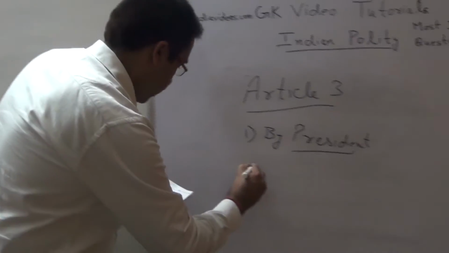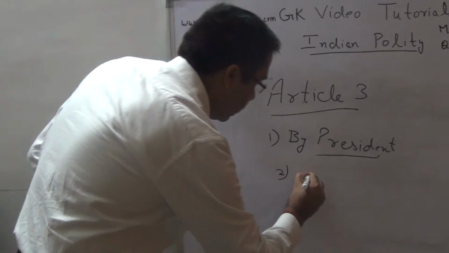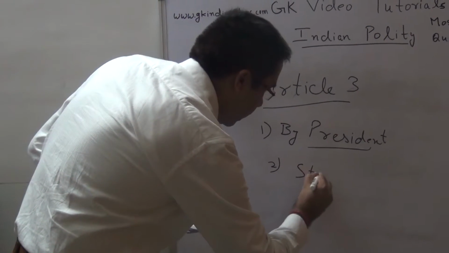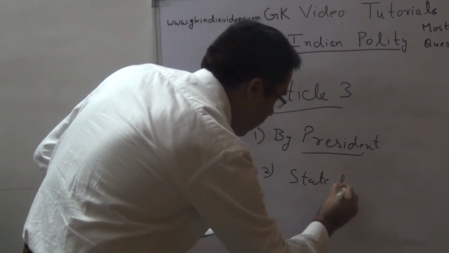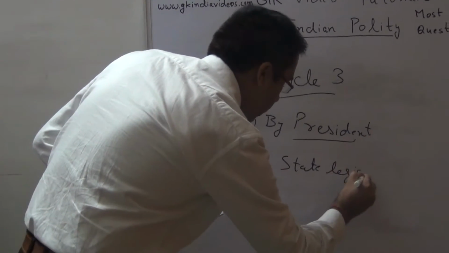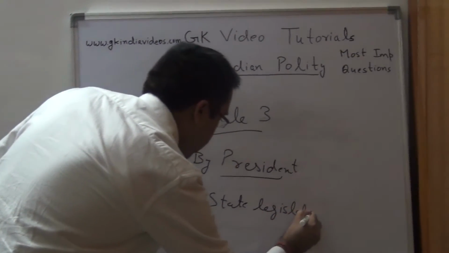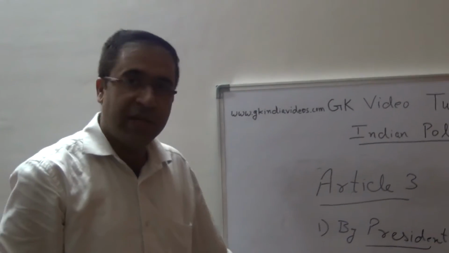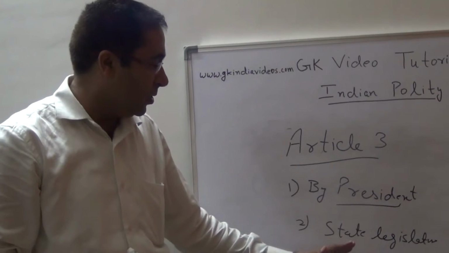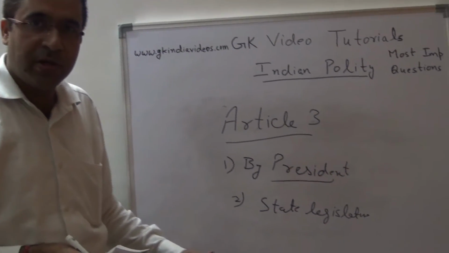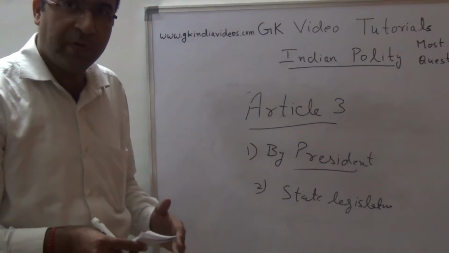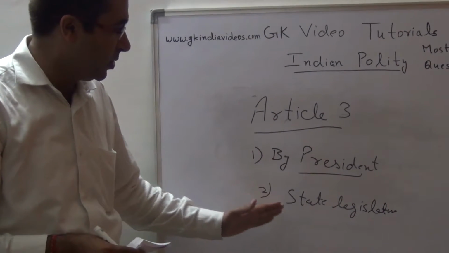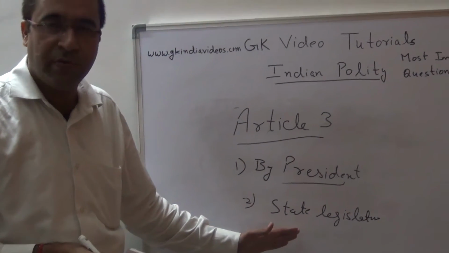Second is that the President sends this bill to the state legislature of the state whose name has to be altered, or whose boundary we have to increase or decrease. So the President sends this bill to the state legislature for its views.